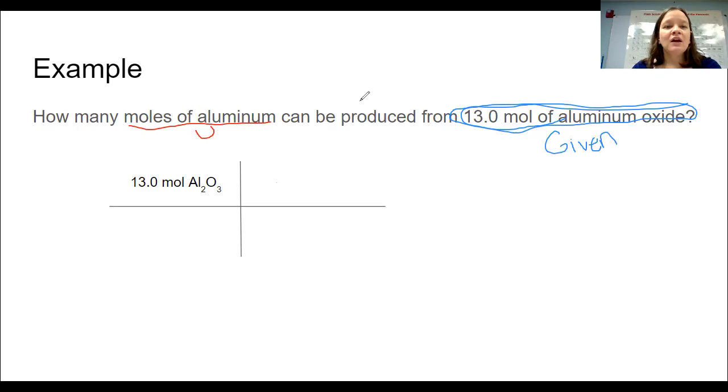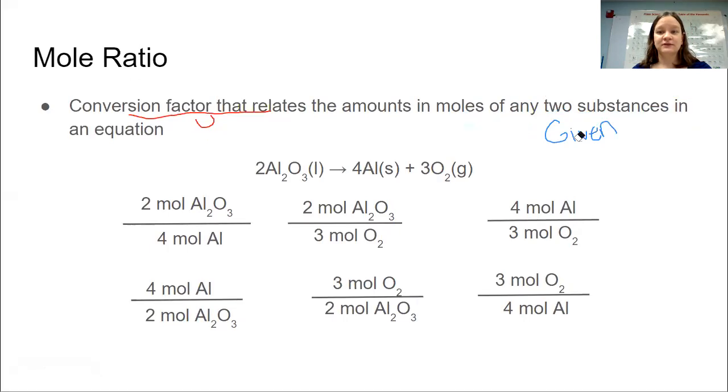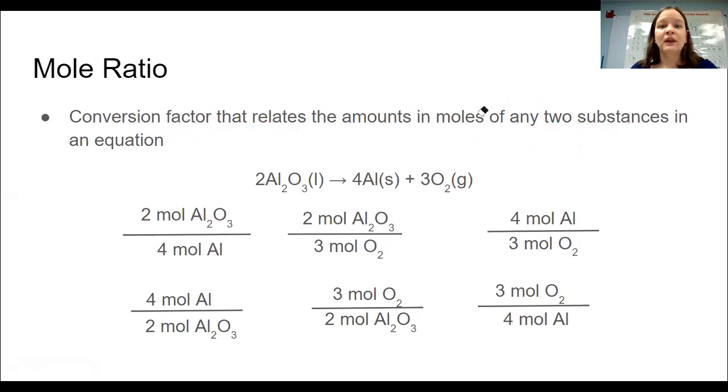So I'm going to need a conversion factor. I need to pick the correct mole ratio that will let me go from moles of aluminum oxide to moles of aluminum. So if I look at my mole ratios here, I'm going from moles of aluminum oxide to moles of aluminum.